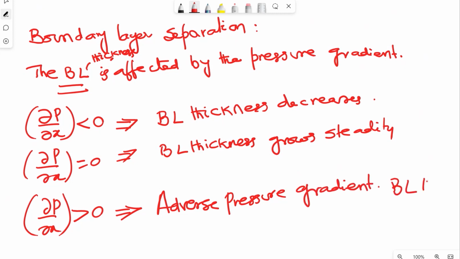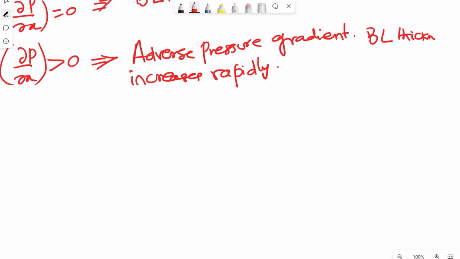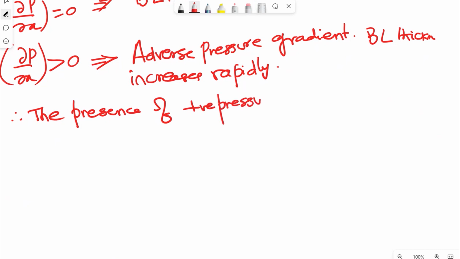The boundary layer thickness increases rapidly. So the conclusion is that the presence of a positive pressure gradient, or adverse pressure gradient, increases the thickness of the boundary layer.